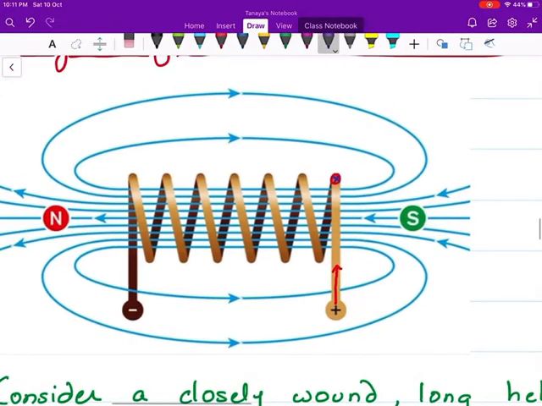Then the current will come through the coil and it will come out from this particular point. So that I can show by a dot. The current is coming out. When the current is going in, we can show it by a cross, and when it is coming out, we can show it by a dot.